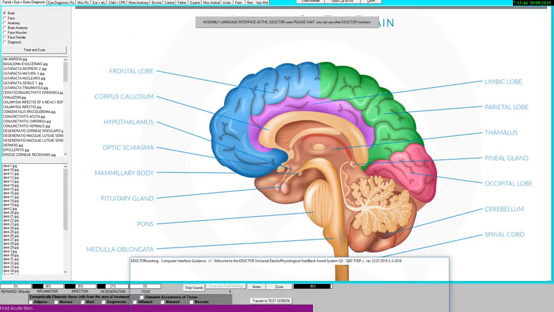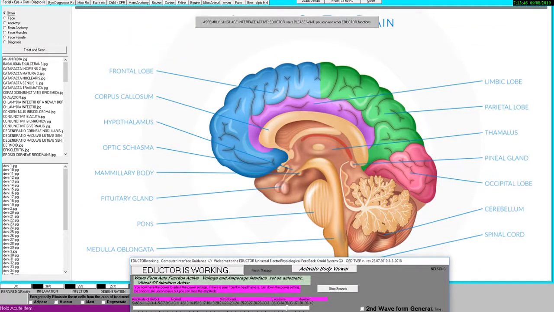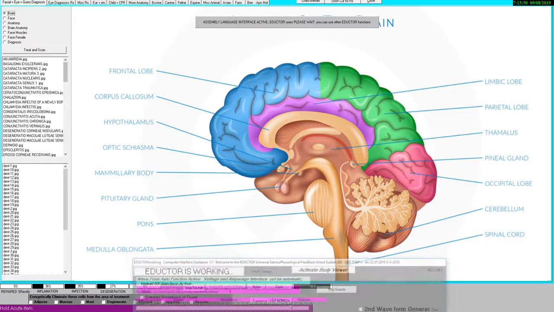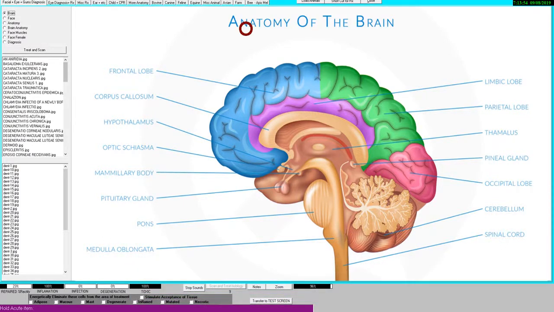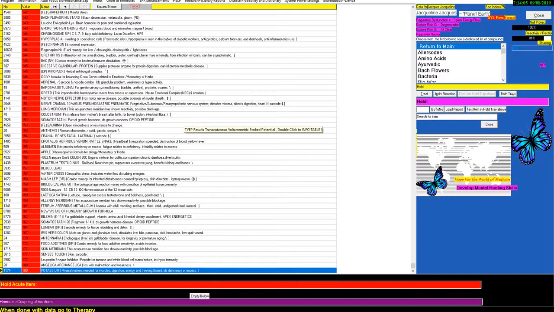I will just look at the brain, because we always like to look at the brain. This is just a step of preparation, okay? Then, look at that, 23%. This is not so good today, probably because I'm talking at the same time and everything. So this is something that I would work very closely on.